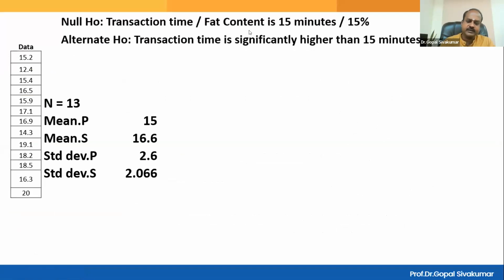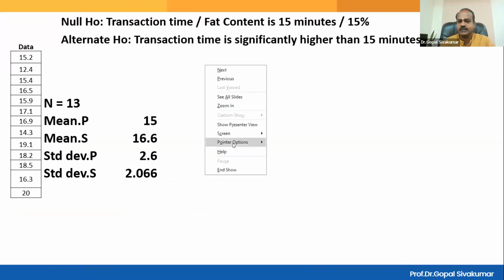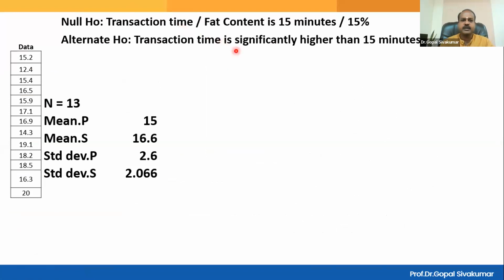The same test in the service industry will be with some other metric, isn't it? Transaction time. Am I right? So transaction time is a CTQ, maybe in a service related scenario. So it can represent the transaction time or it can represent fat content, but in both cases it is continuous data, right?